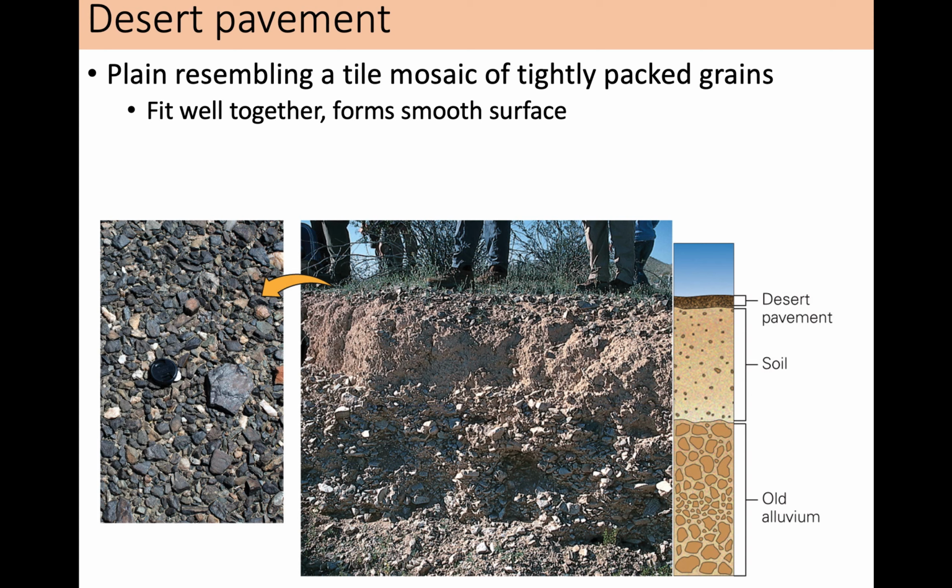Desert pavement is something very cool. It's a type of rock layer that only really forms in the desert. It's an incredibly tightly packed mosaic of grains.